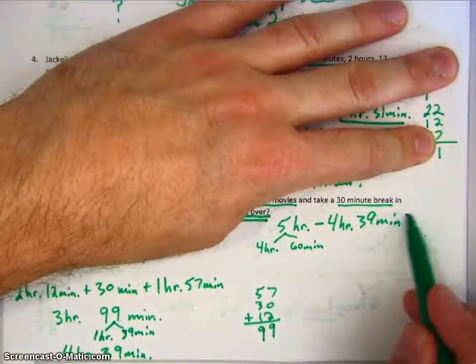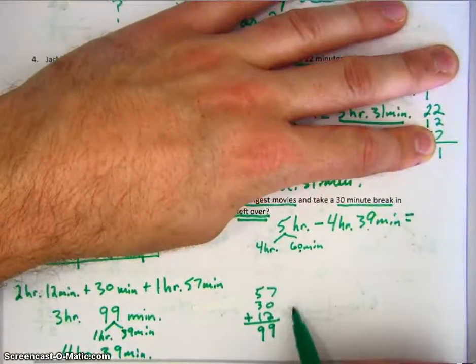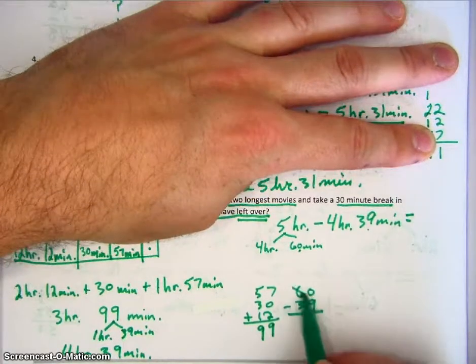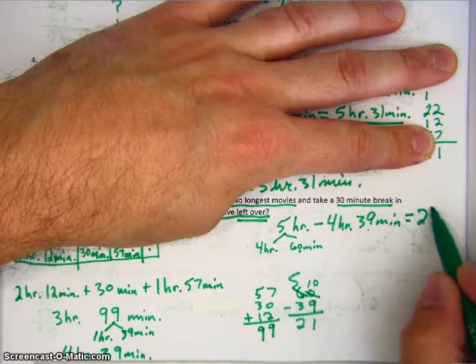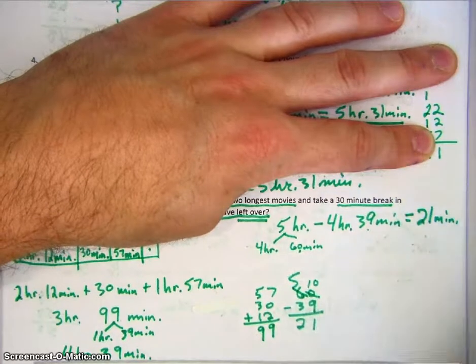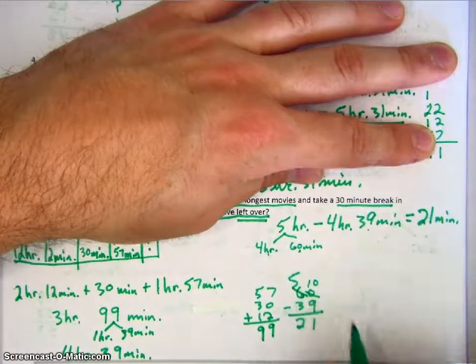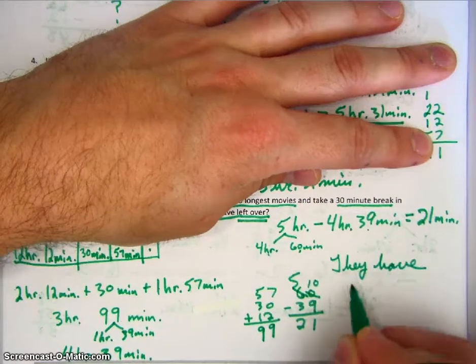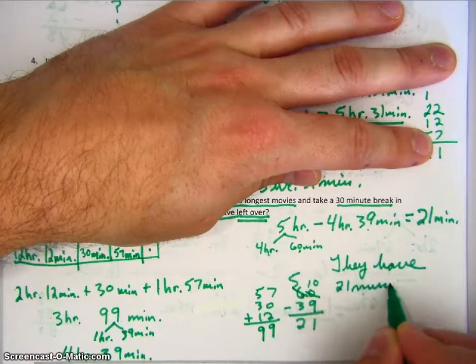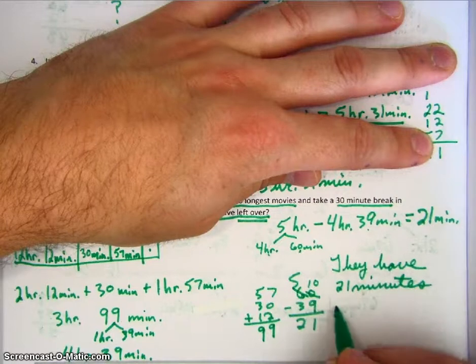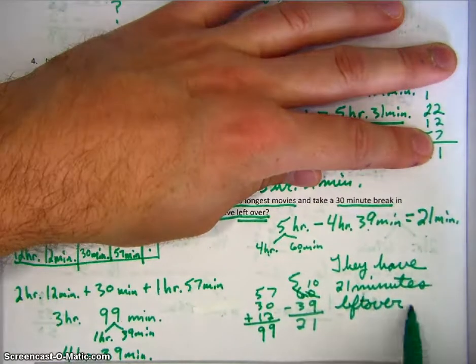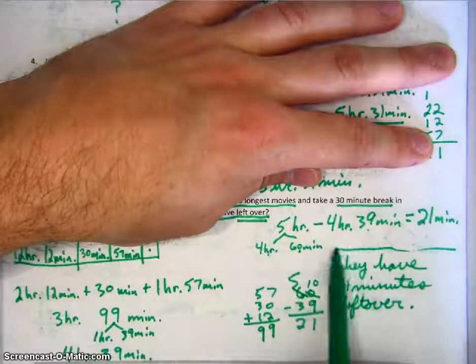Now all we have to do is 60 minus 39, and you see that we have 21 minutes left over. And 4 minus 4 is 0. So they have 21 minutes left over. A lot of steps to that last one, so make sure you read through it carefully.